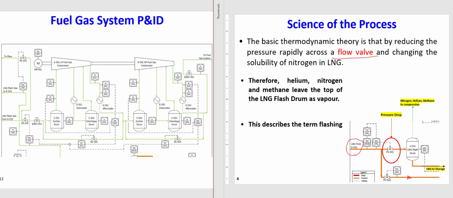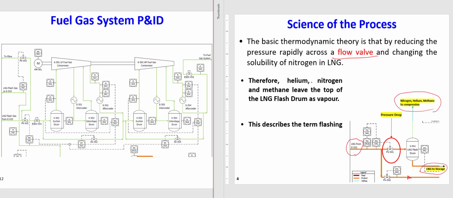In this drum, the majority of nitrogen and light molecules like helium and also methane will be flashed off from the LNG product, which is in liquid phase, and then we get our liquid LNG product that doesn't have that much nitrogen and helium because most of it is rejected here. We send this to the storage. This stream and the LNG side stream both go to storage, but for sure they have different qualities. This side stream, since it doesn't go to the flash tank, has more nitrogen than this one.